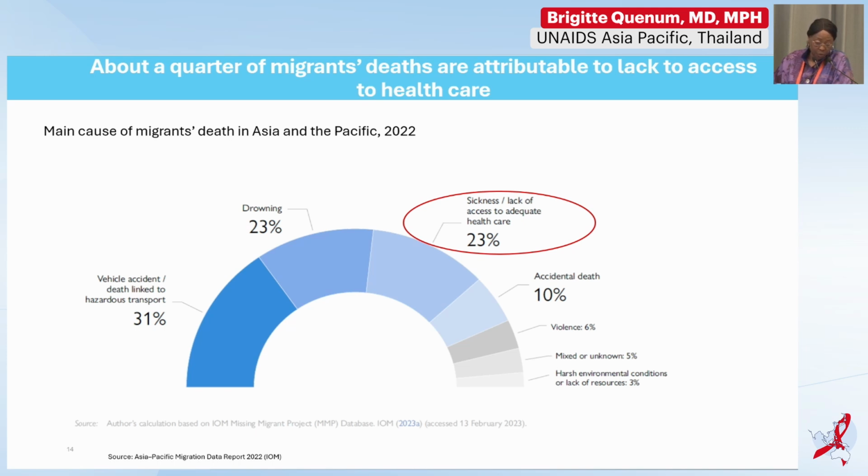It is also noteworthy that about a quarter, and this is the number in red, 23%, of migrant deaths are due to sickness and lack of access to adequate health care, including HIV and AIDS.